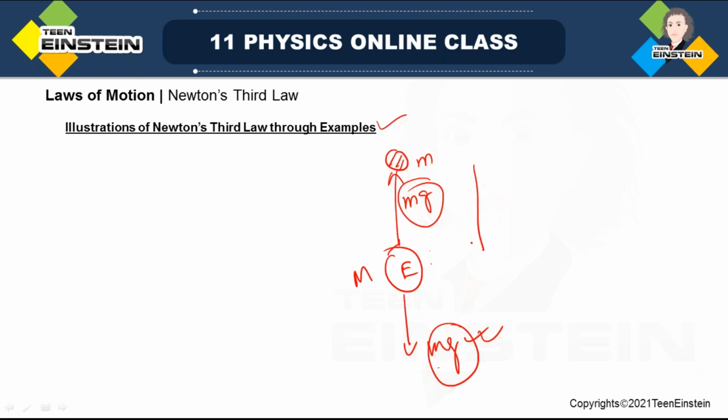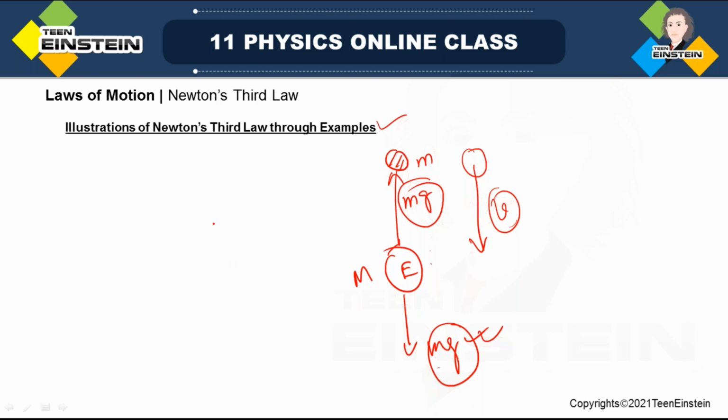If you just leave some object from your rooftop, it will fall down easily. It has velocity and acceleration both. So we can understand that there is a force on this, and that is due to gravity offered by Earth.